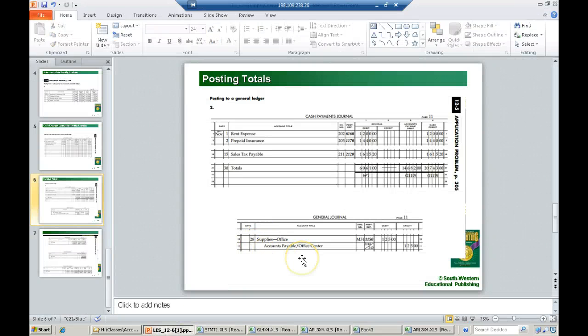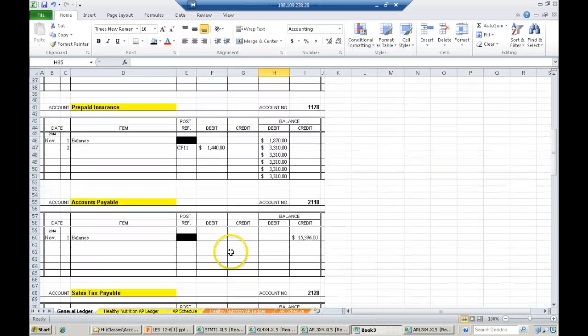Let's take a look at accounts payable Office Center. Since this is in the general journal, we also have to record this. We're not just going to record the total. So we're going to come down to our accounts payable, and we're going to put in the 28th. It's the same transaction. We're going to put G11. This was a credit of $125, so we owe them at a later date.